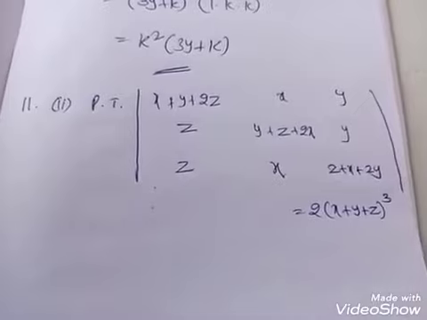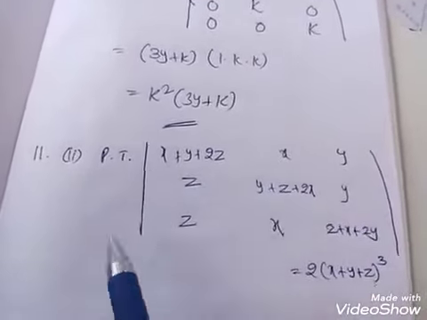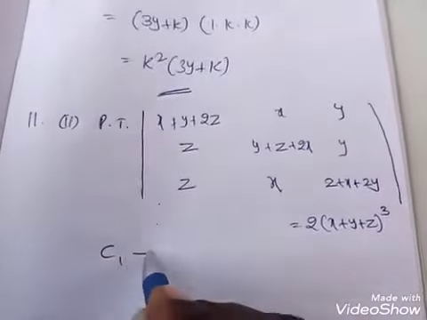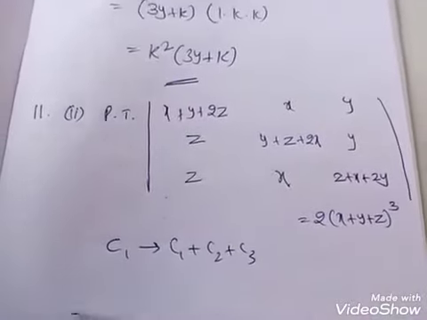Now here observe there, x, y is there. If you add, C1 gives rise to C1 plus C2 plus C3. If you go, what you are going to get?